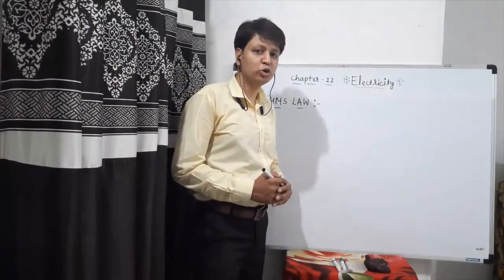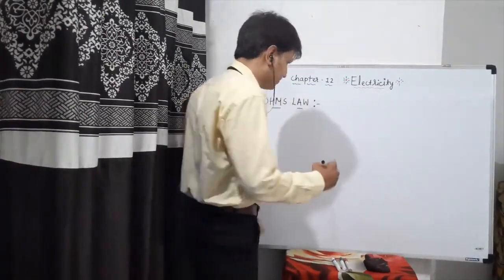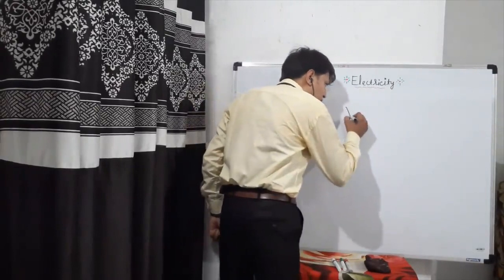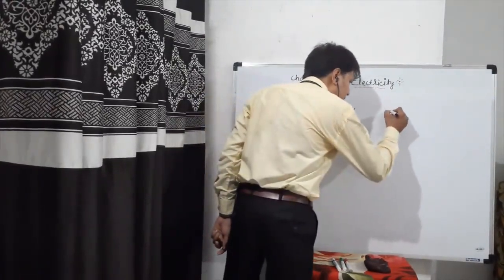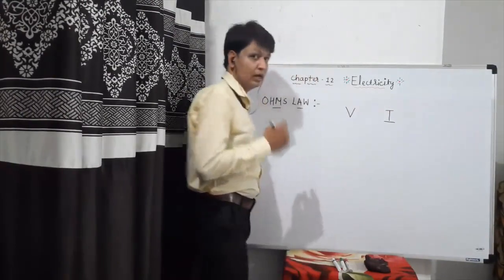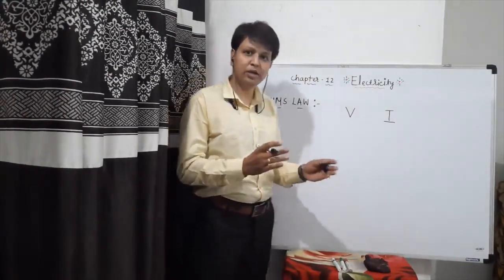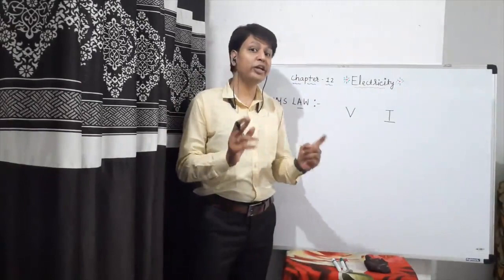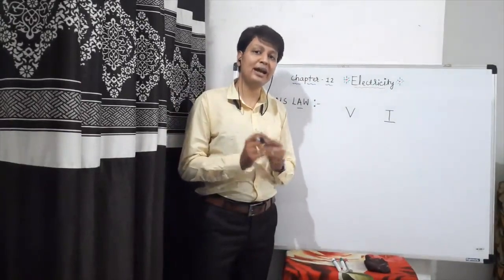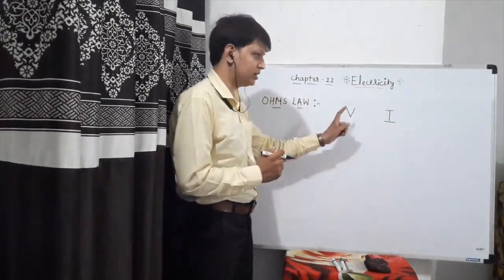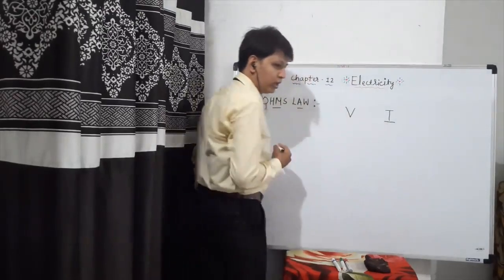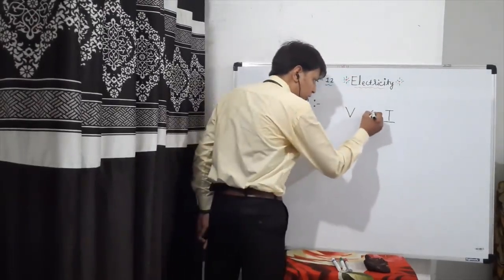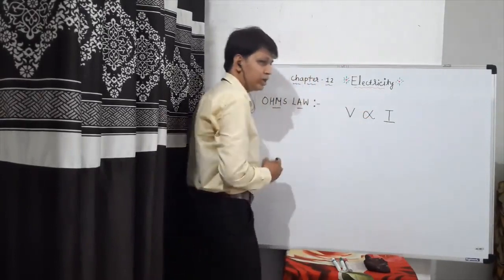Let me show you through an equation. V is the symbol for potential difference and I is the symbol for electric current. So as per the law, if the potential difference V is applied at the two ends of the conductor, electric current will be flowing through it, which will be proportional to the potential difference.